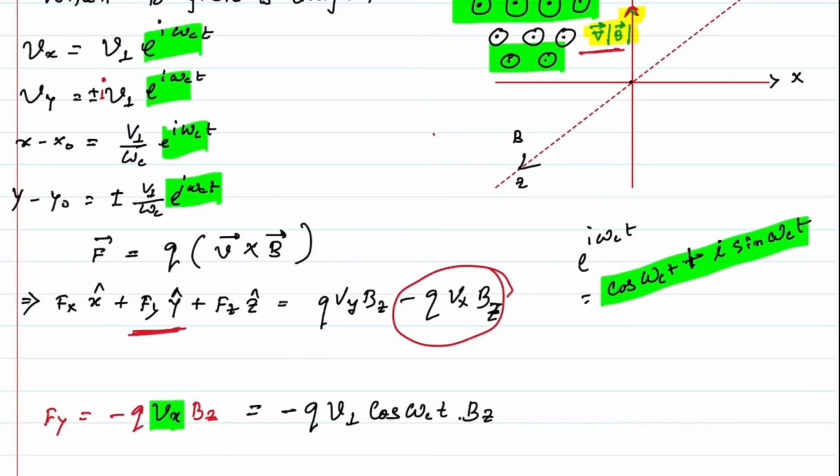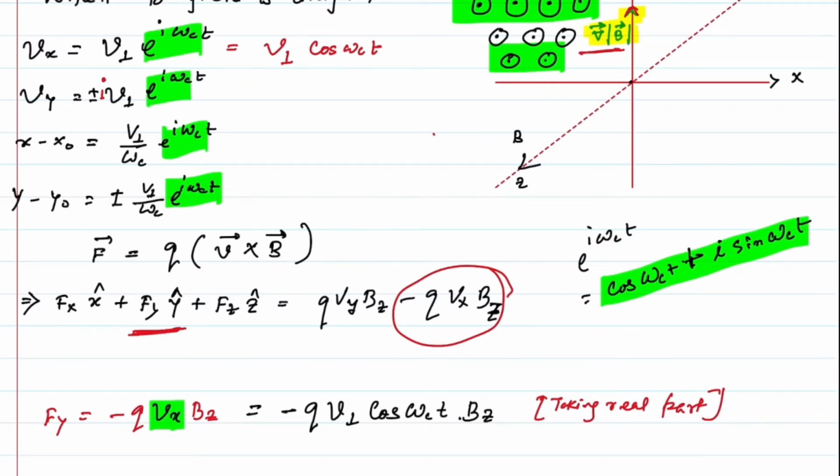Okay, so taking the real parts only, this one will be v perpendicular cos omega_c t. Okay, so hope you have understood this.